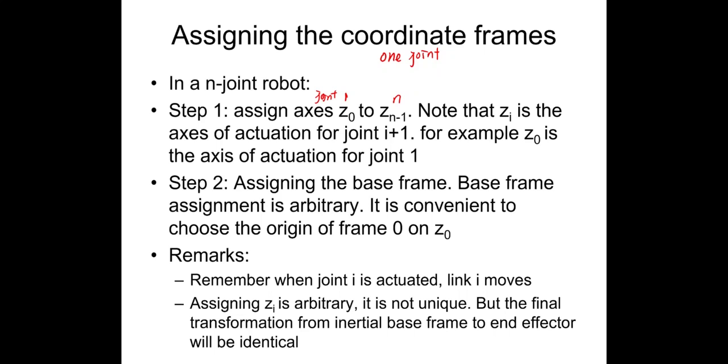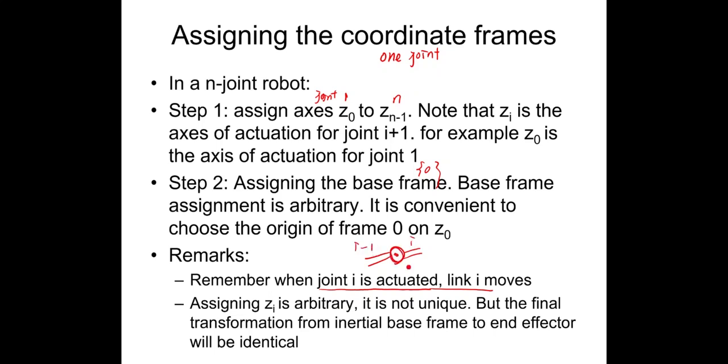Then the second step is to assign the base frame. Although the base frame assignment is arbitrary, we always take the base as frame 0. Again, we have to recall some robotic conventions. If joint i is actuated, link i moves, because joint i always connects link i minus 1 and link i.